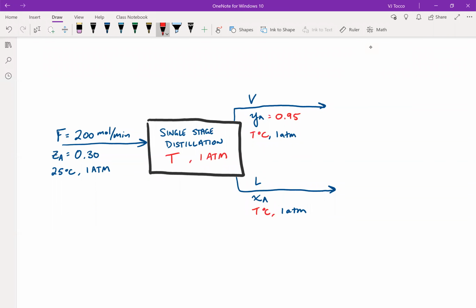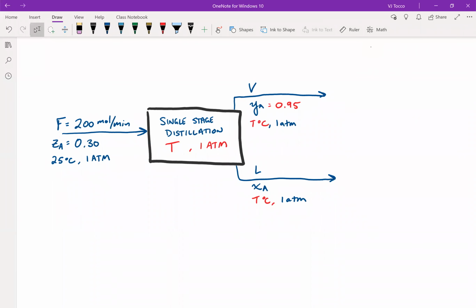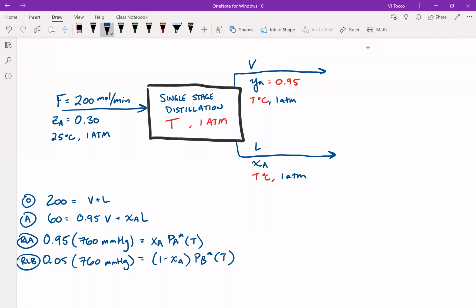So let's go ahead and write our 4 equations again. Same 4 equations, we've just changed what the unknown variables are. I'm going to go through and circle my unknowns: V and L, V, XA and L, XA, P and T, XA and T. So once again, if I combine my 2 Raoult's laws and solve them, I've got 2 equations, 2 unknowns.